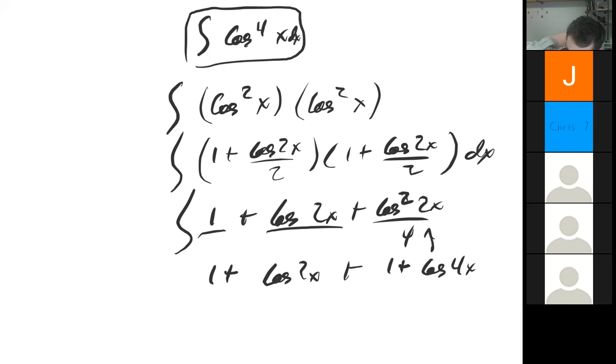I don't think so. Oh yeah, these ones, you're right. Thanks. So then that's a 1 over 4, that's a 1 over 2. Yep, sorry about that. So then this gives you 1 plus cosine 4x over 8.